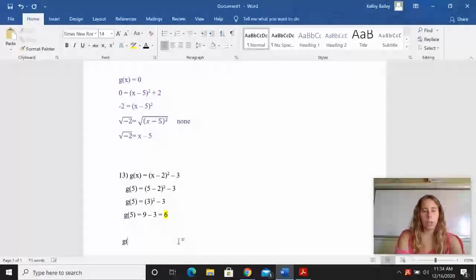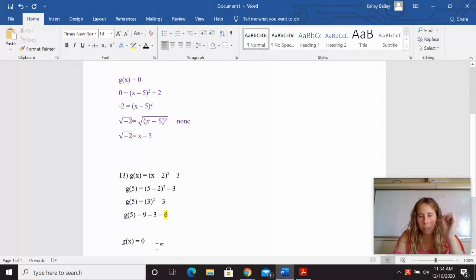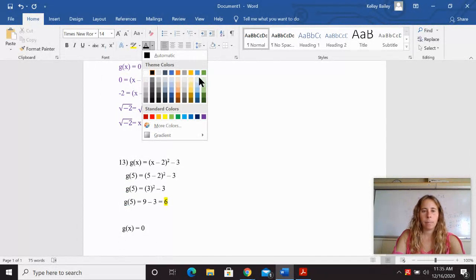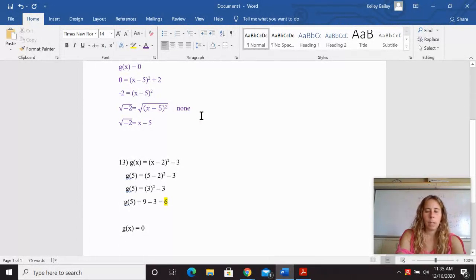Then what if they tell you that g of x is equal to 0? That means you're trying to find your x-intercepts. So you're going to substitute 0 in for g of x. So 0 equals (x minus 2) squared minus 3.